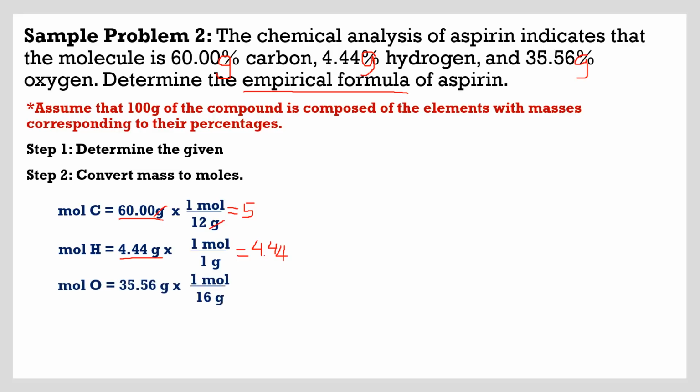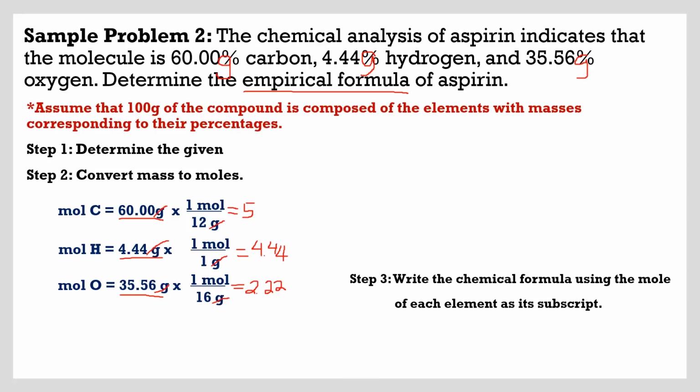And lastly, for oxygen, we have 35.56 grams times 1 mole divided by the atomic mass of oxygen, which is 16. That is equal to 2.22 moles. Don't forget to cancel grams. The remaining unit is moles. Now we have already converted mass to moles.